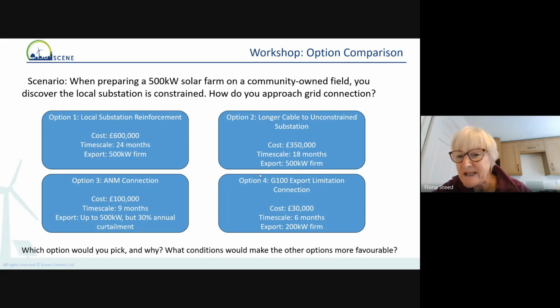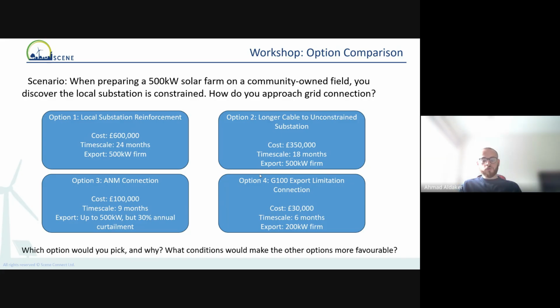When it says a 30% annual curtailment, what's the duration of that? I don't understand 30% annual. Okay, so as you know, with ANM systems, you can export to your agreed capacity, so let's say 500 kilowatts, but 30% of the time throughout the year, you'll be forced to reduce your export.